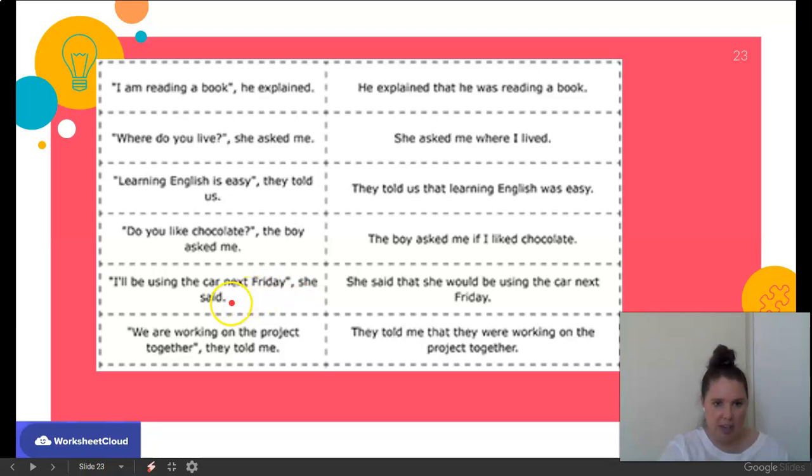Right? So she said it, and we all know that next is going to now be an adverb of place or time. She said that she would be using the car next Friday. "We are working on the project together," they told me. Past tense. They told me that they were working on the project together.